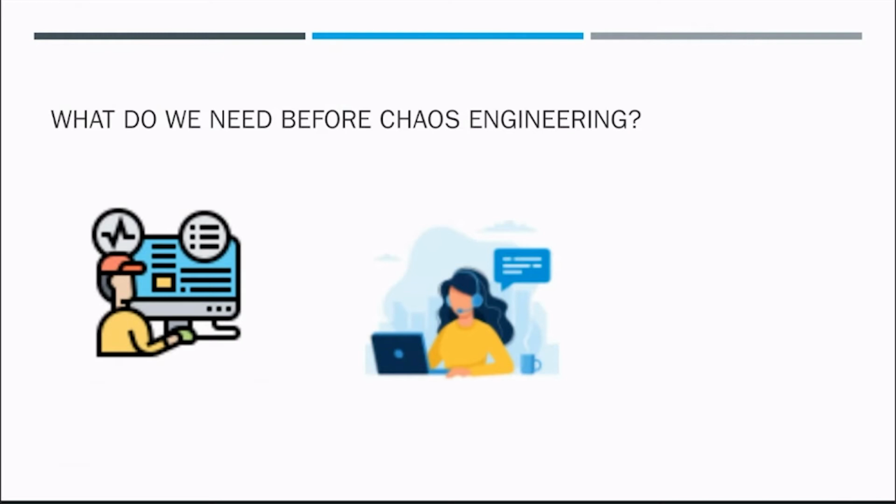What kind of data? System data, logs, traces, metrics, and there should be some platform where we can see all the things. If we measure the things, only then can we improve the things, right? So we should have a very nice monitoring system in place. We should have an on-call engineer on standby, so if something goes wrong, he or she should be able to respond and help.